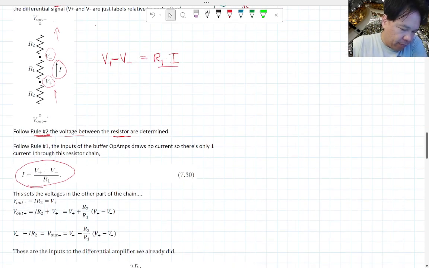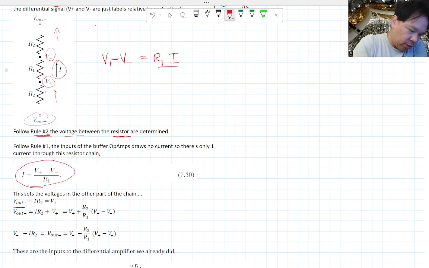Okay, all right, so solving this for I, you're going to get equation 7.30. Now we know what the current is, so we can solve for the rest of the voltages. V out plus, which is what's on the bottom here, minus the current times R2, which is this voltage drop, is going to get you to V plus.